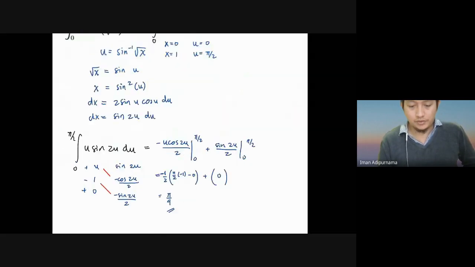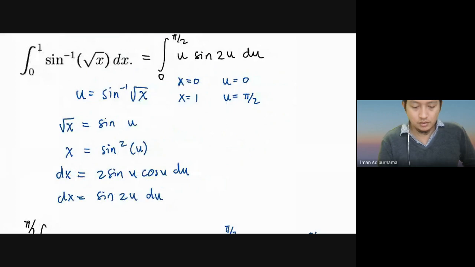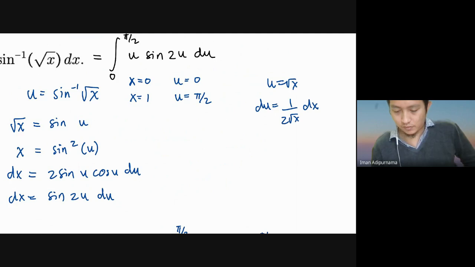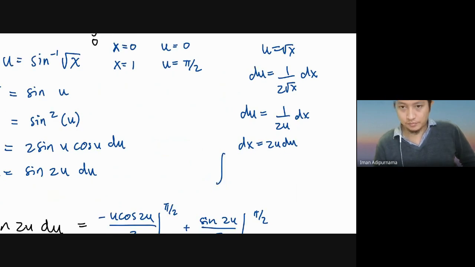If you try to substitute the square root of x, this can be done as well. We can substitute with this 2u du, so we can have the integral of sine inverse u times 2u du.